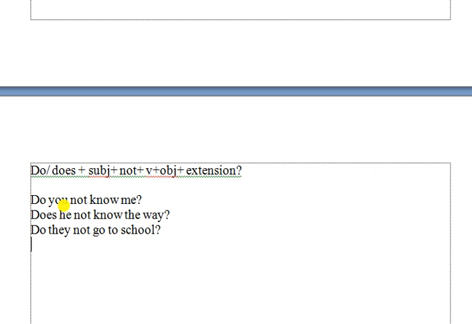Do they not go to school? Or you can write like this: don't or doesn't, subject, verb, object and extension.